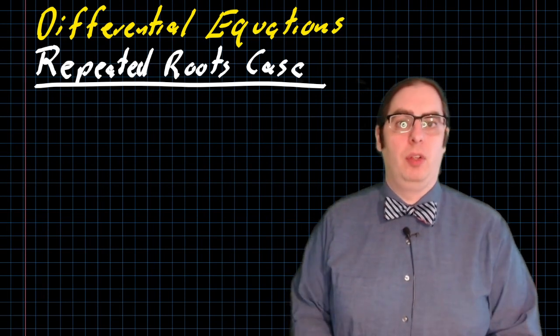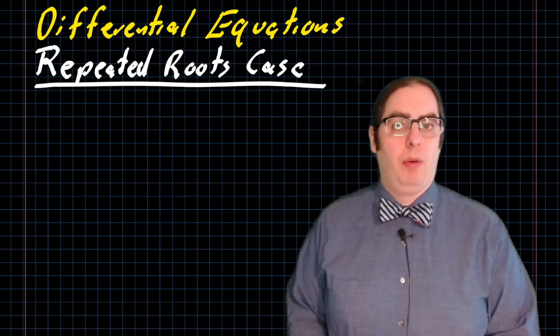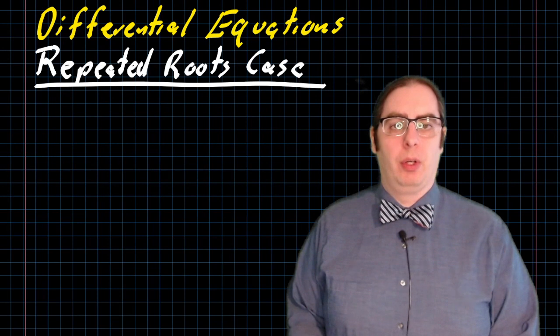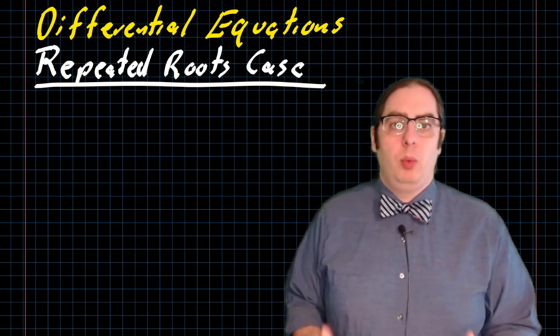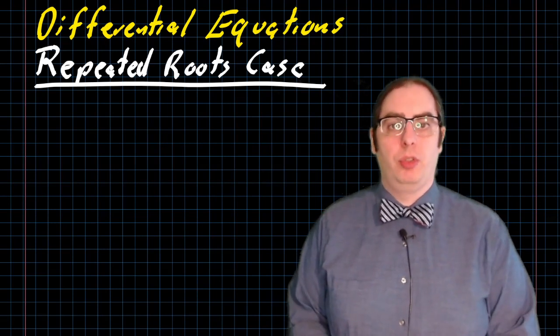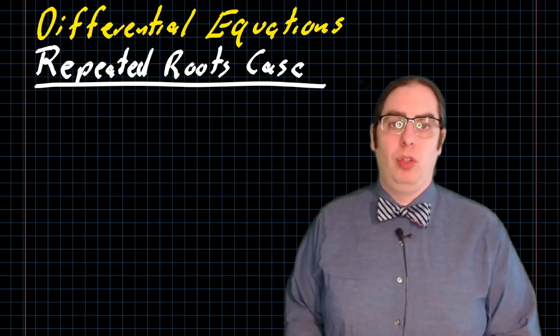The case we haven't looked at yet is the case of the repeated root, where we only have one solution to our quadratic equation. With only one solution, we don't have two linearly independent solutions that we need to write the general solution of the differential equation, so we need to do some more work.